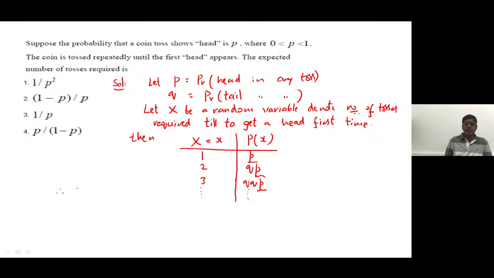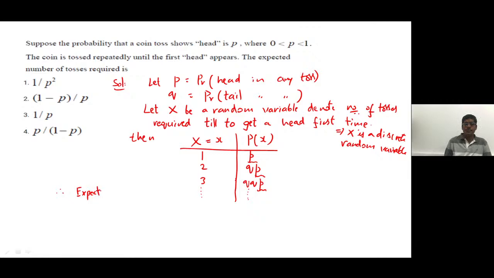Therefore, clearly X is a discrete random variable, with finite or countably infinite values of X. This is countably infinite, so it is a discrete random variable.